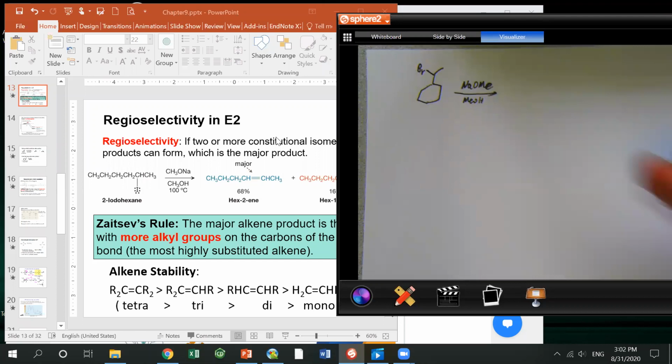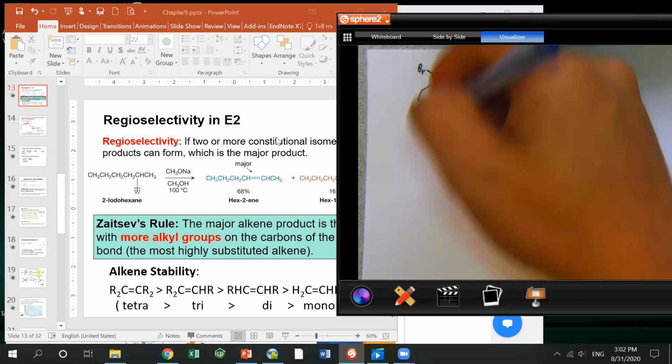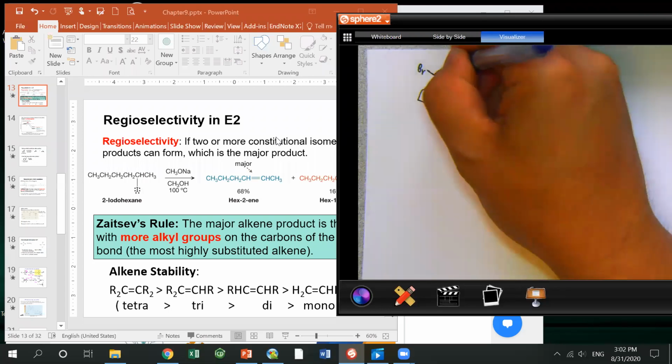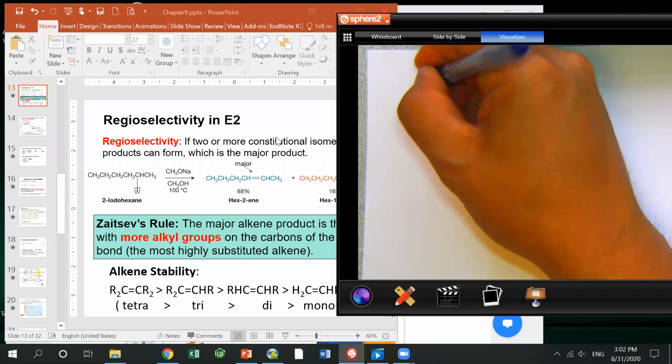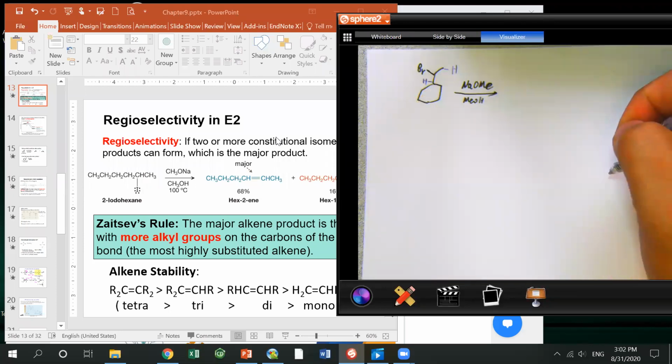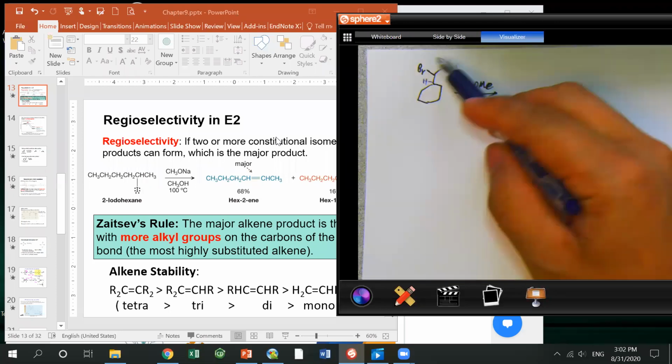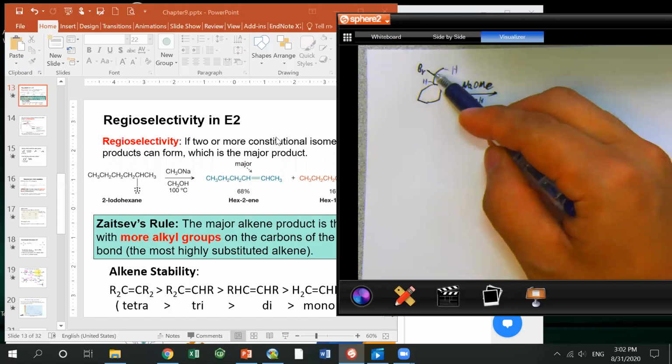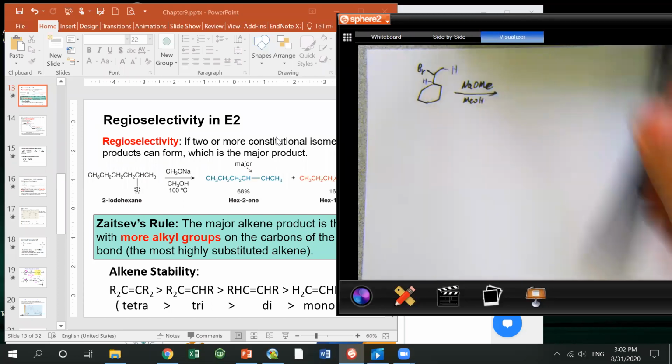If you have more than one beta hydrogen, you have to determine which beta hydrogen leaves with the leaving group, where you build up the charge. For this molecule there are two beta hydrogens, one here. So you either eliminate this hydrogen and this bromide, generating a double bond between these two carbons. That's one product.